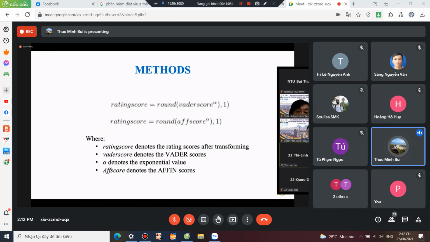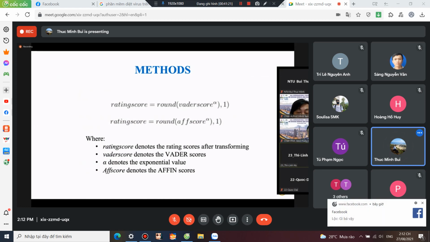You can see the formula to transform the rating score on this slide, where rating score denotes the rating score after transformation, Vader score denotes the Vader score, alpha denotes the exponential value, and F score denotes the affine score.